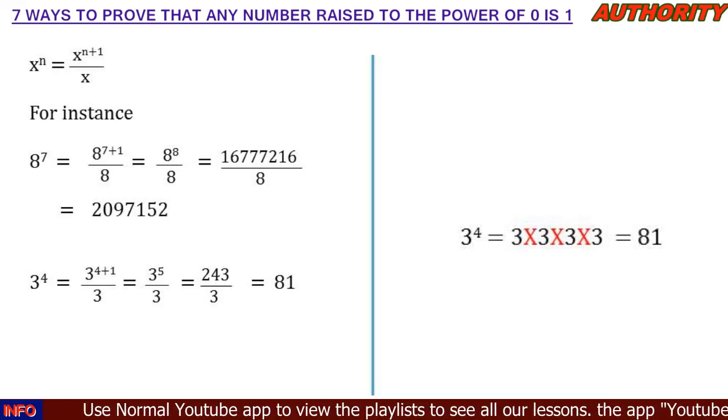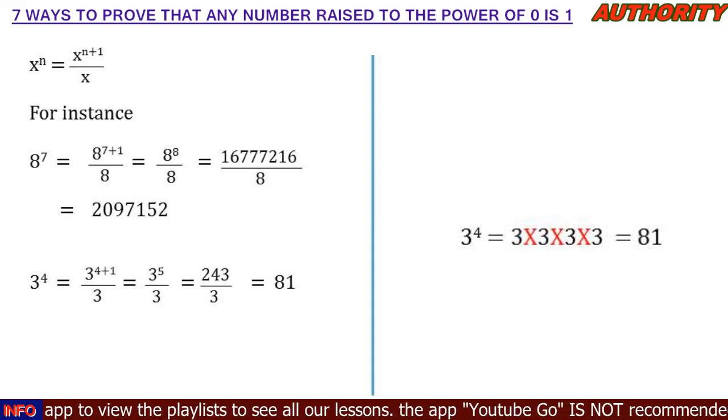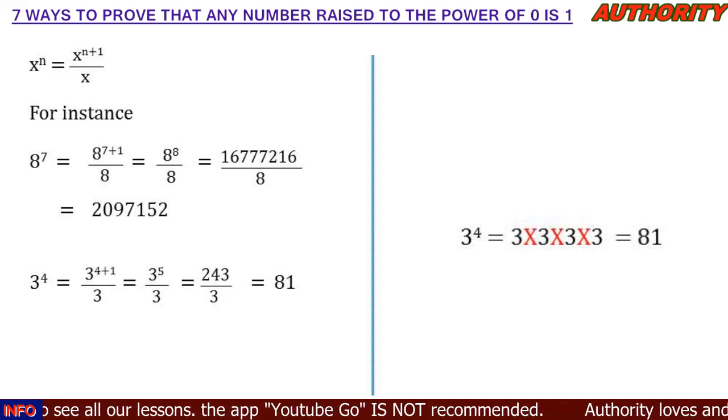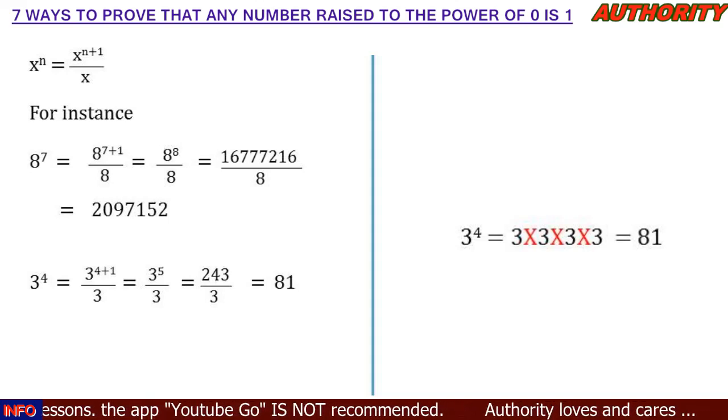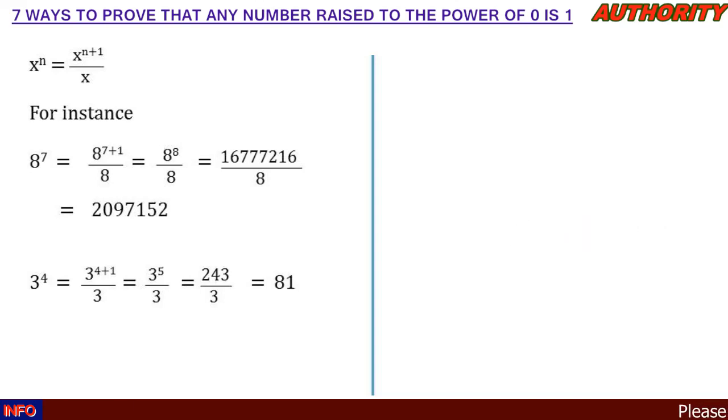That means 3 times 3 times 3 times 3 times 3 into 5 places. So it's going to give us 243. So 3 raised to power 5 is equal to 243 divided by 3. When you divide it by 3, it's going to give us 81. So this is the formula for finding exponent. You get it right? Okay. Now, I want to use this formula to establish a fact. Okay. Now, let's go.